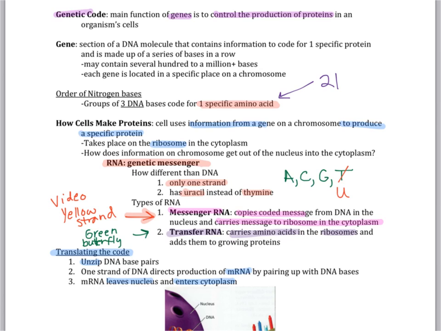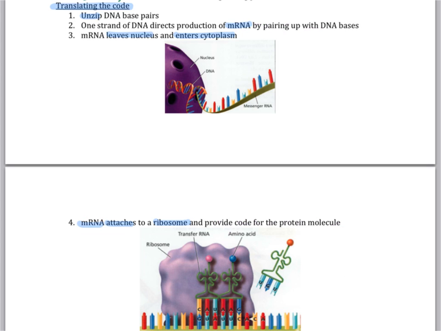We will watch a video about this process, and in the video, the things that kind of look like green butterflies are the transfer RNA carrying the amino acids, and the things that are yellow strands are the messenger RNA. So the very first step is to translate the code.